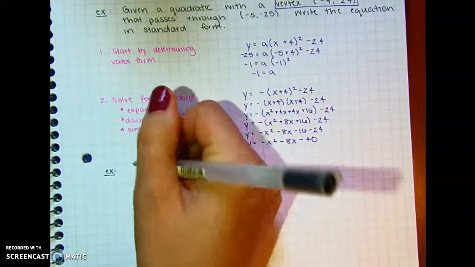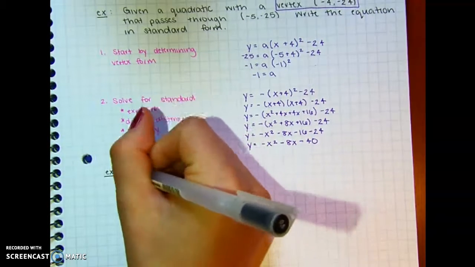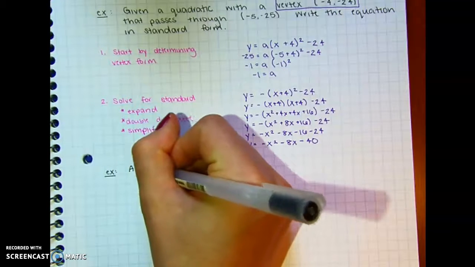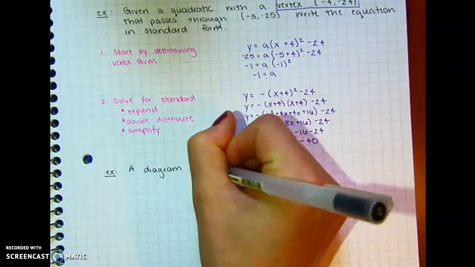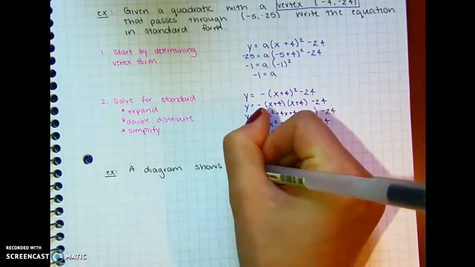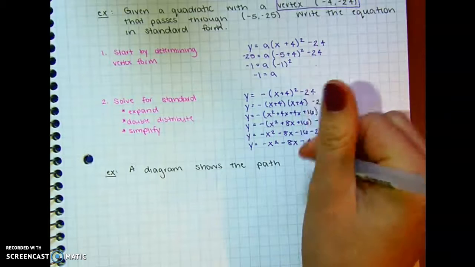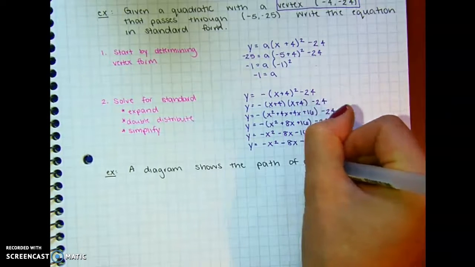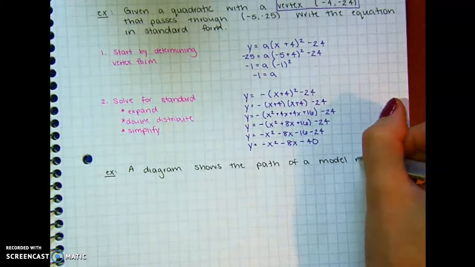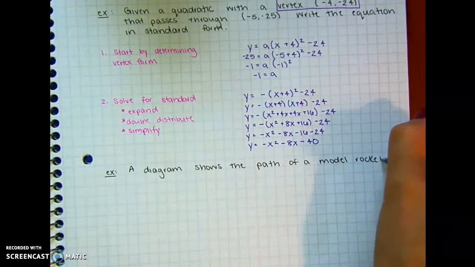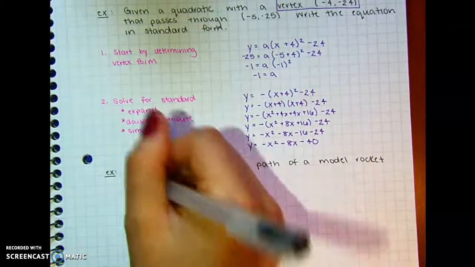Make sure you write down the whole thing. I know it's a lot of words. A diagram shows the path of a model rocket launched from the ground.